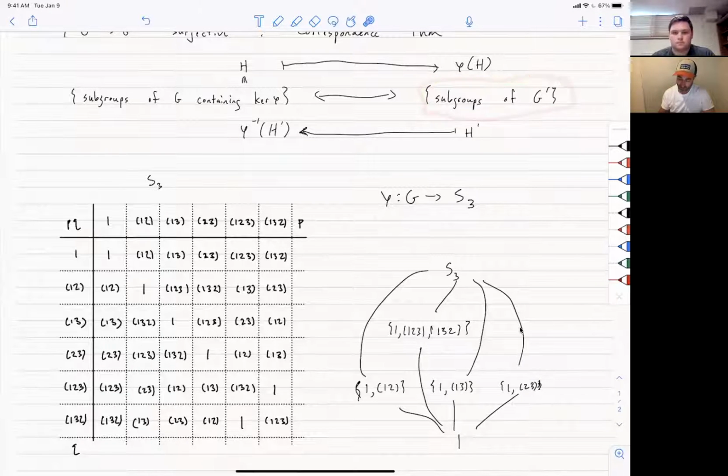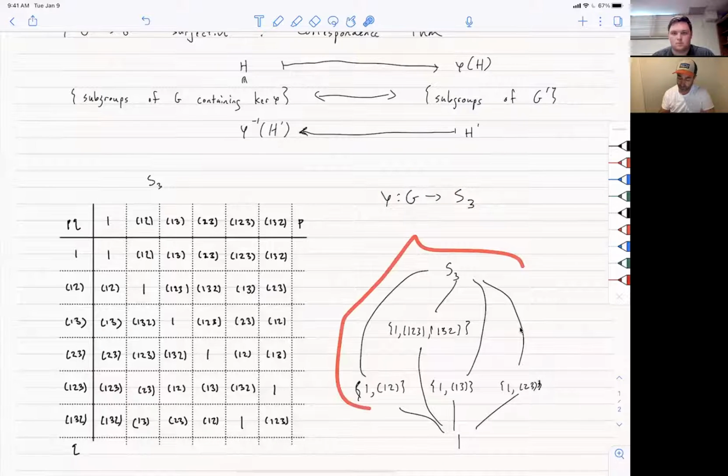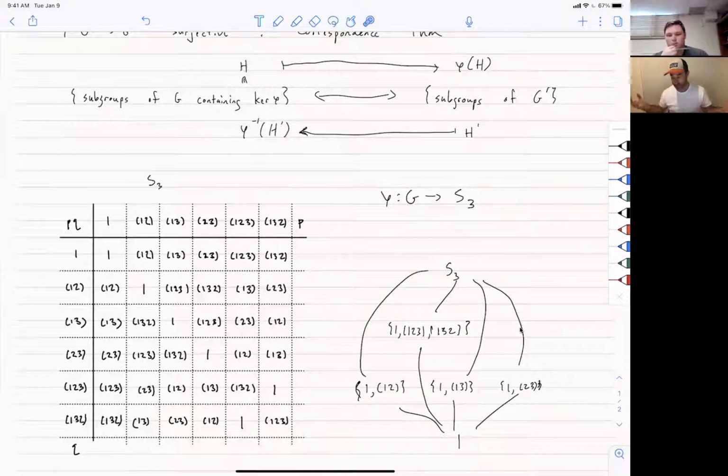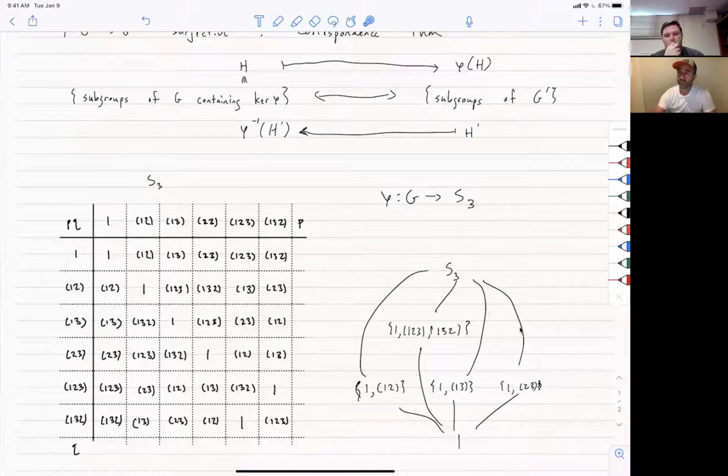And then the point is there's a mystery group G, but I've got a homomorphism onto S3, and I can draw this picture of subgroups inside of G. It looks exactly the same, and it's all of the subgroups that contain the kernel. That's it. So then does that imply that every subgroup of G has a corresponding subgroup that contains the kernel?